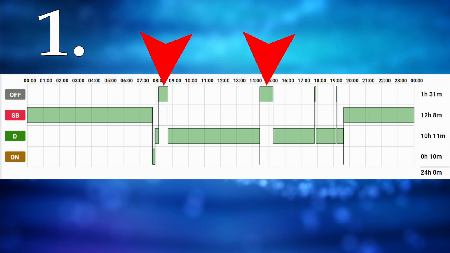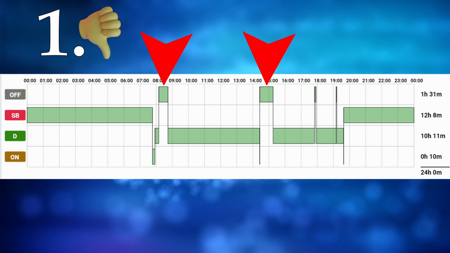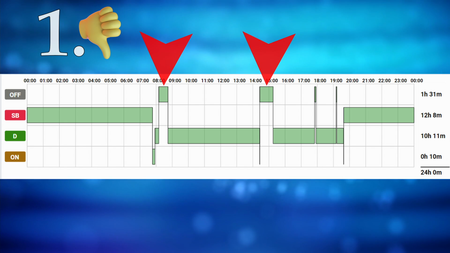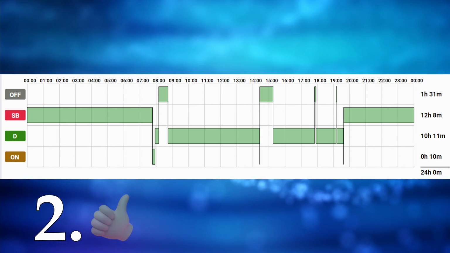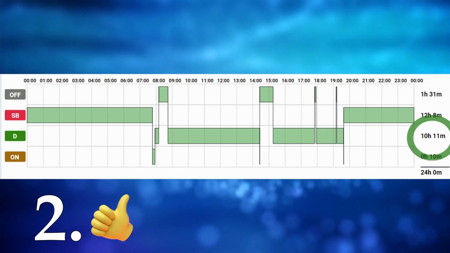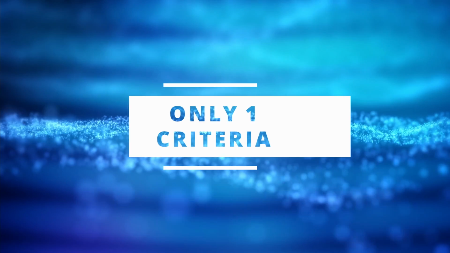No, this log doesn't have more than a 2-hour period. Yes, it is under 11 hours. But let's be clear, you only need one of the two criteria for split sleeper to work, not both.